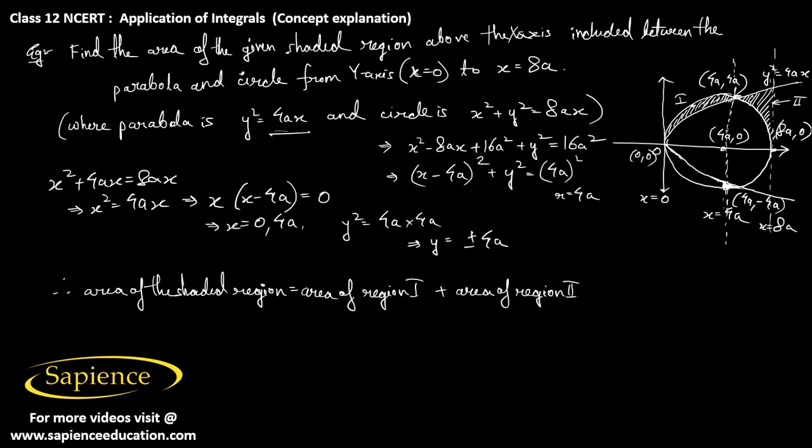In region 1 we can see the circle is lying above the parabola. So we can say the equation of this circle is y equal to plus minus square root of 16a square minus x minus 4a whole square.